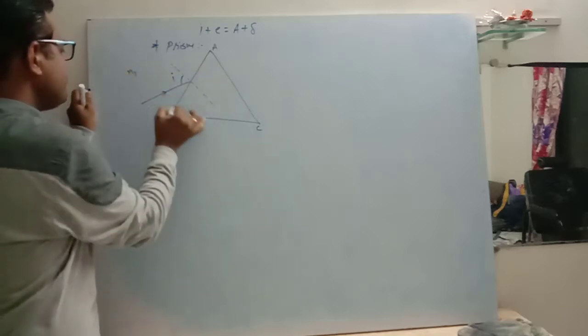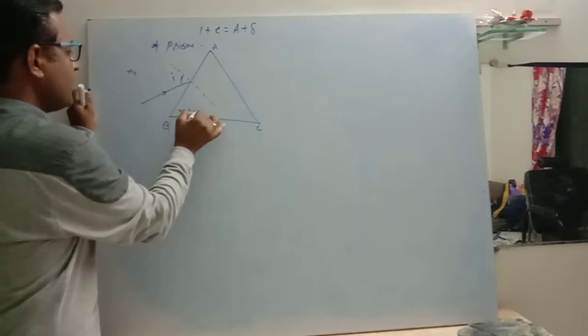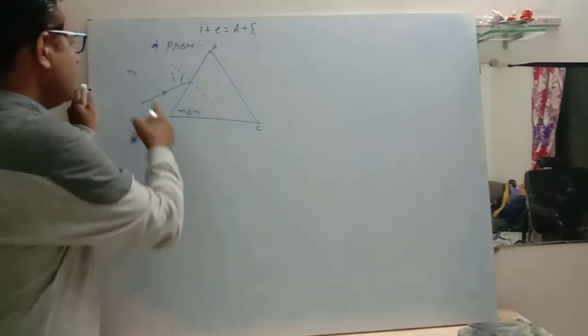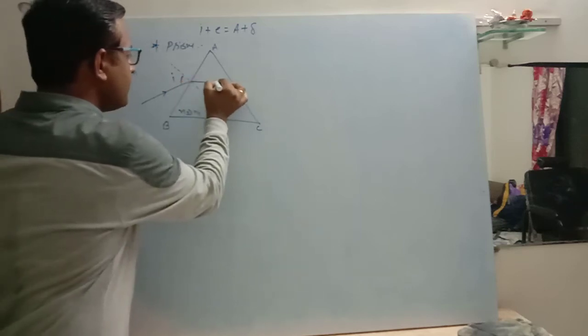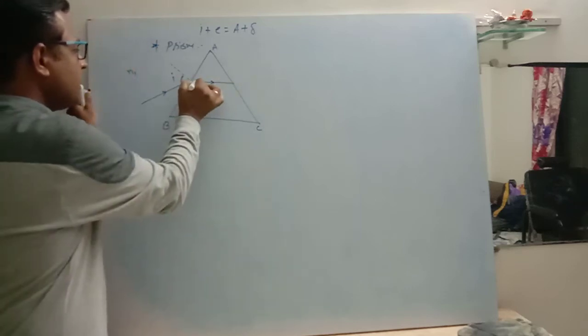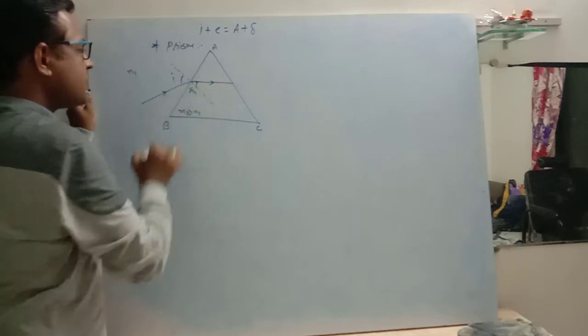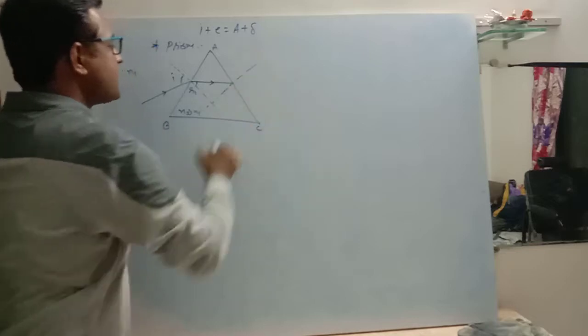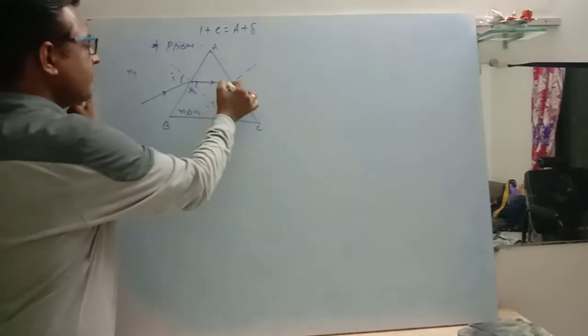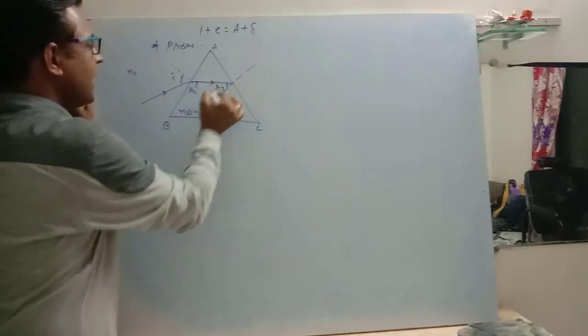and here the ray enters from rarer to denser, that's why it is deviated towards the normal. We can say this angle is R1. Now for this surface, this one is a normal and this angle is R2.